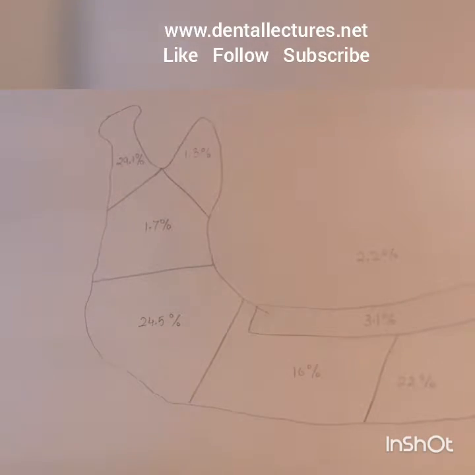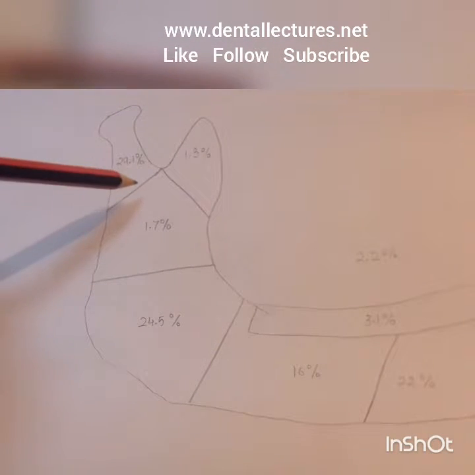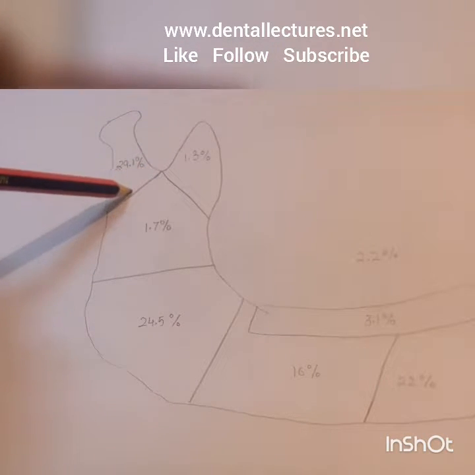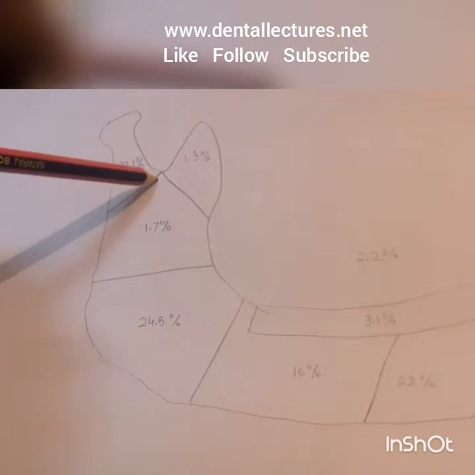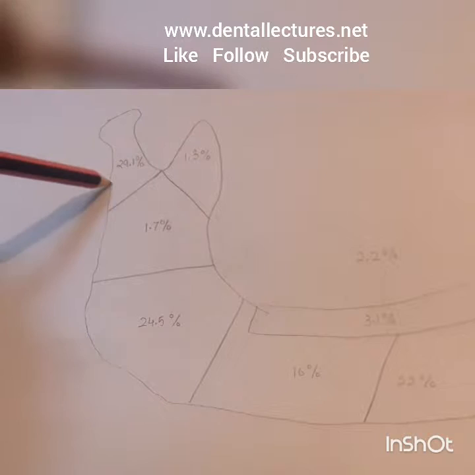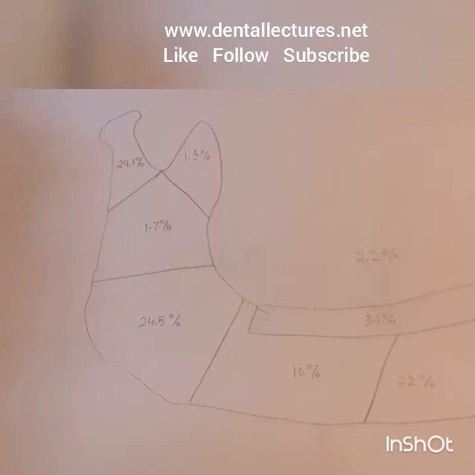Coming to the first topic, that is site of fractured mandible. The most common site of fracture in the mandibular region is the condylar region, which forms 29.1% of the cases of fractured mandible.